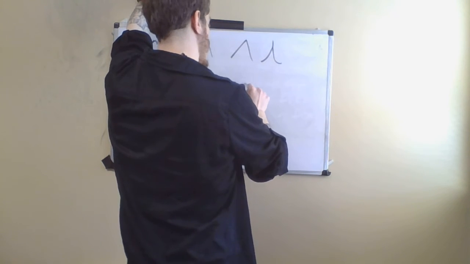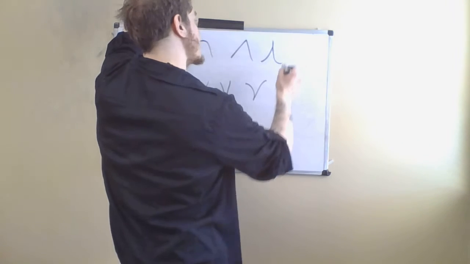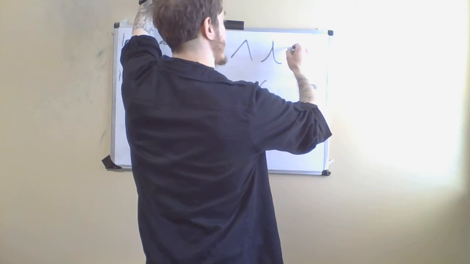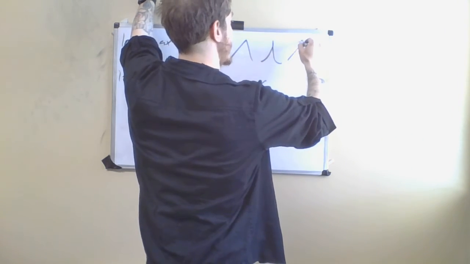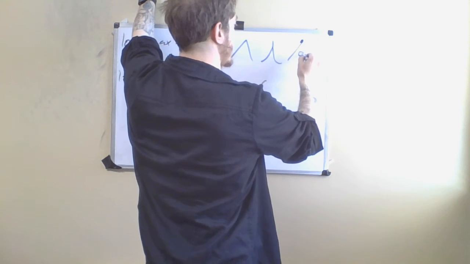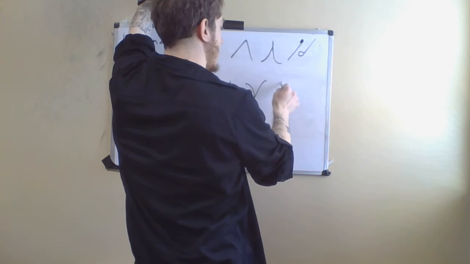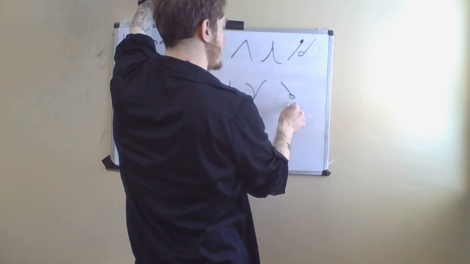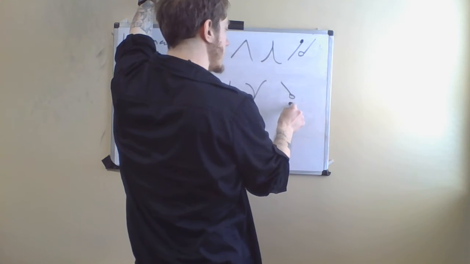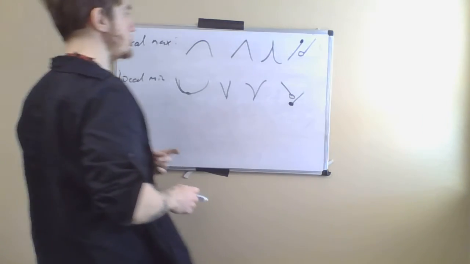Same sort of thing down here. And then I could have something that jumps around a bit. Like maybe I come up like this and then it jumps down like so. Well, this would still be a local maximum. And this would still be a local minimum, even with this jump.